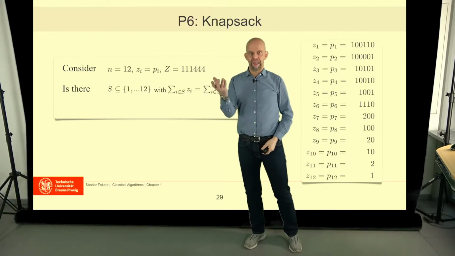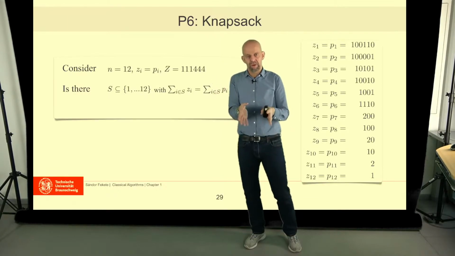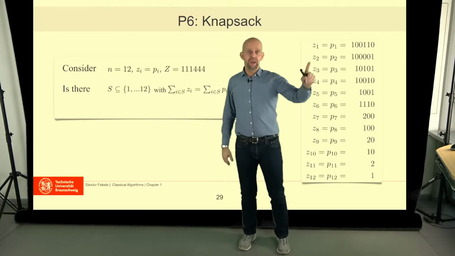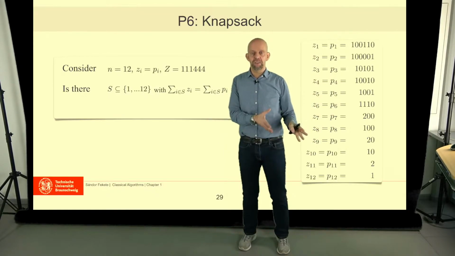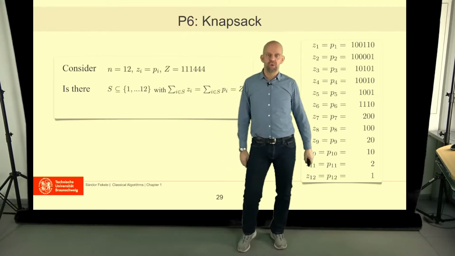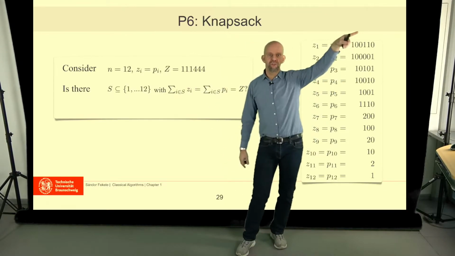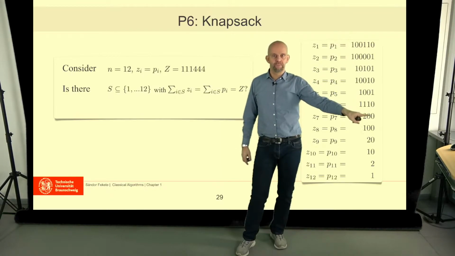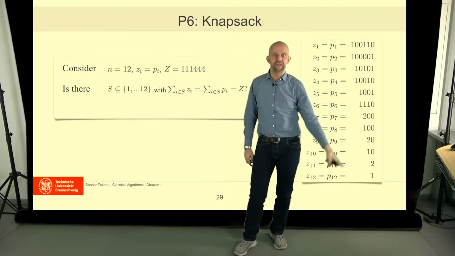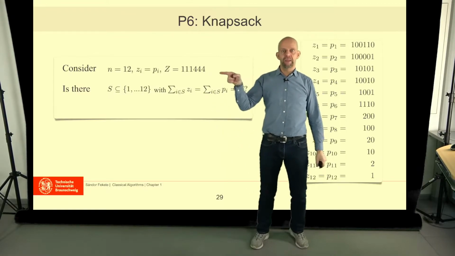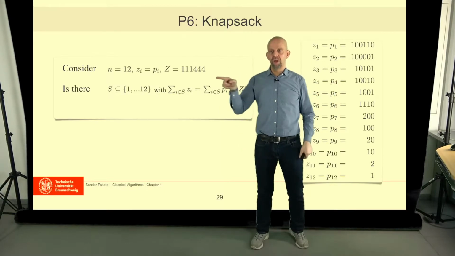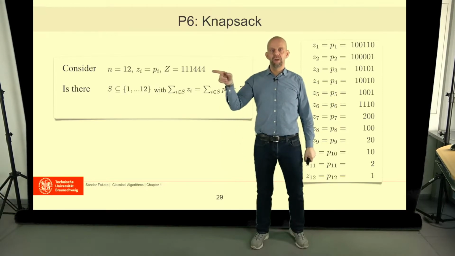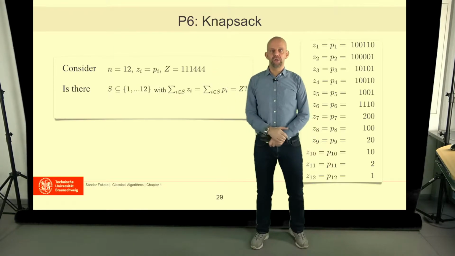In the knapsack, every item, every number has a cost and a benefit. And here's one really nice piece of good news: the cost equals the benefit. So the question is, out of these 12 numbers, a special case of knapsack, can you find a subset which, when summed up, is equal to 111,444?